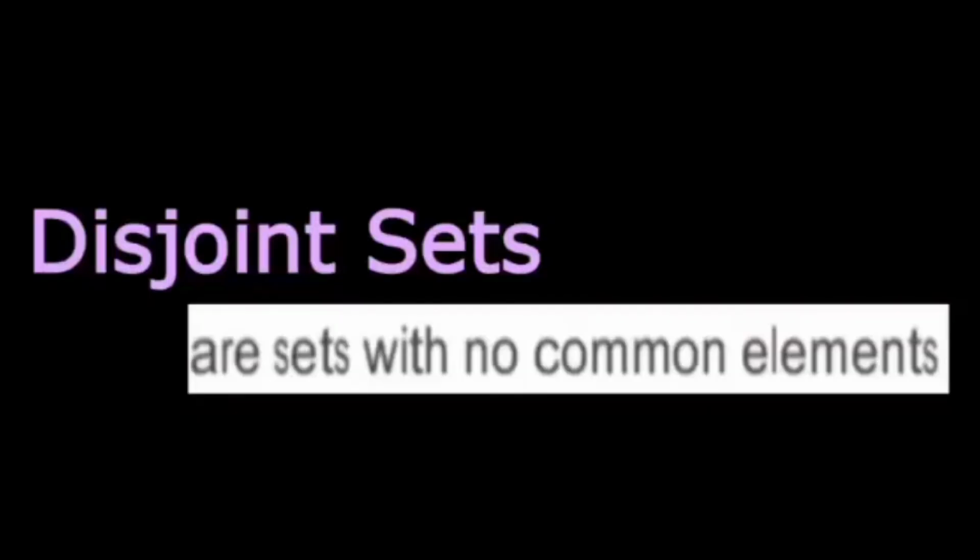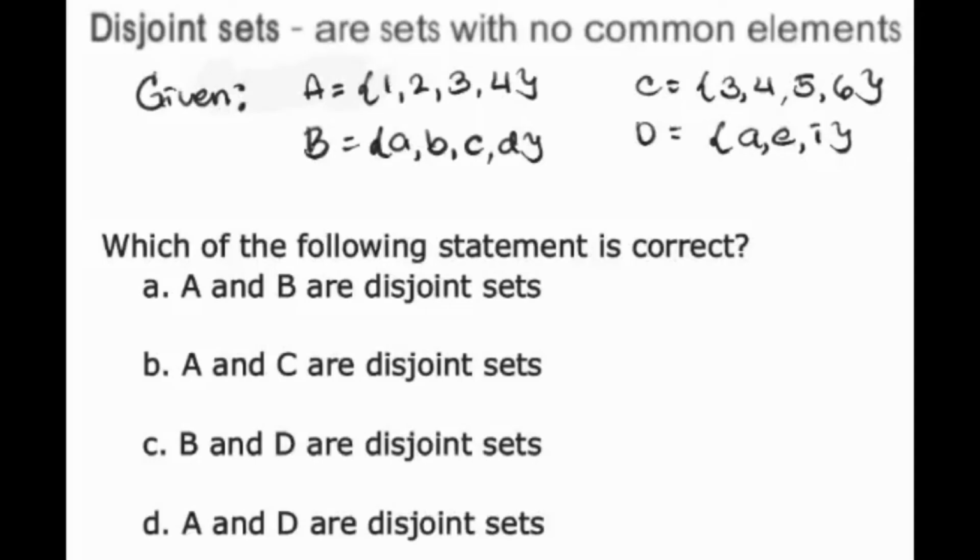Then, lastly, sa set relation, meron po tayong tinatawag na disjoint sets. So, disjoint sets are sets with no common elements. Okay. So, how can we identify whether the two sets are disjoint? Okay, let us consider the given. Ang set A, mayroon siyang elements na 1, 2, 3, and 4.